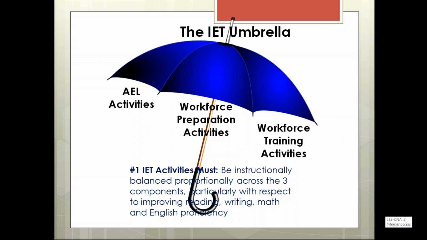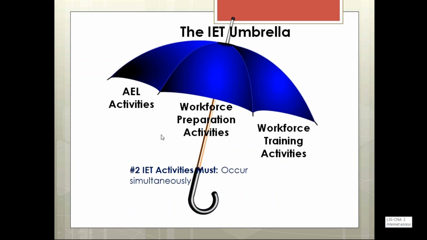So it really is emphasized that we don't miss out on this because our adult learners, our AEL learners, need that support in order to be successful in the workforce. So we can't forget that required component of IET and the role that we play as Title II providers in this workforce development system. And here, number 2, they must occur simultaneously.